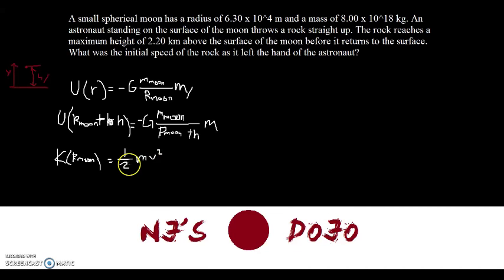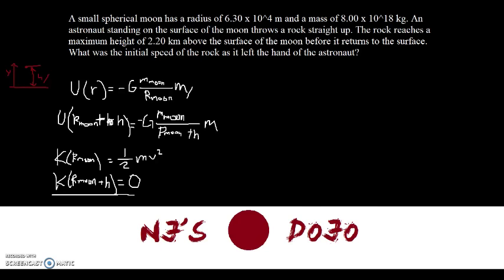At the top of the rock's trajectory, which is K at R moon plus h, the height, obviously the kinetic energy is 0, because as from the previous video, we know that energy is conserved, and at this point the rock is at its highest displacement, that would mean all energy is stored as gravitational potential energy, since after that point of time it will go back down to the surface of the moon.